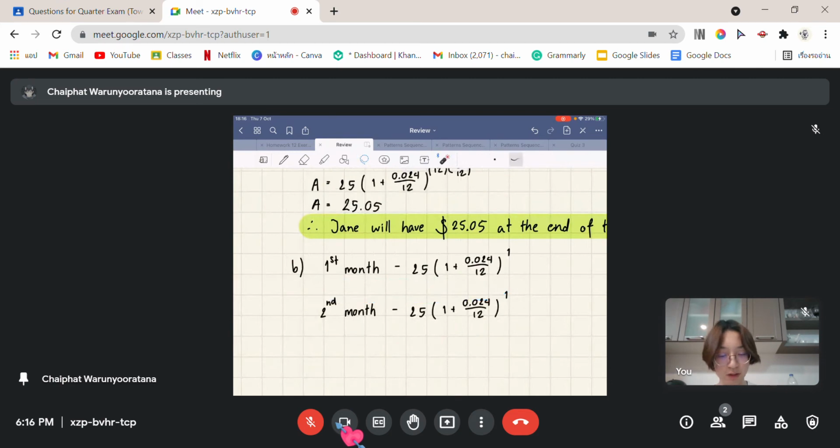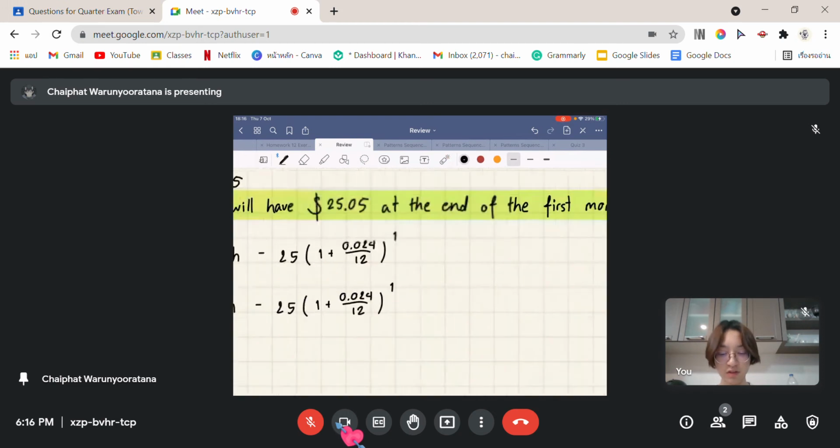However, the first set of money is still in the account. She didn't withdraw it, so it's going to remain in the account. But it's older than this set of money, so it will have a higher amount, which is this one.